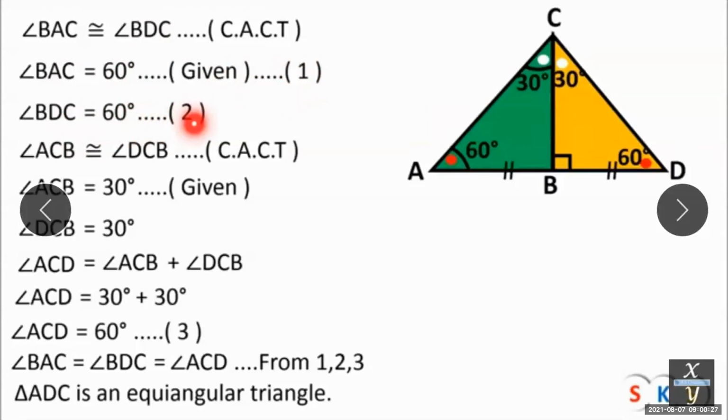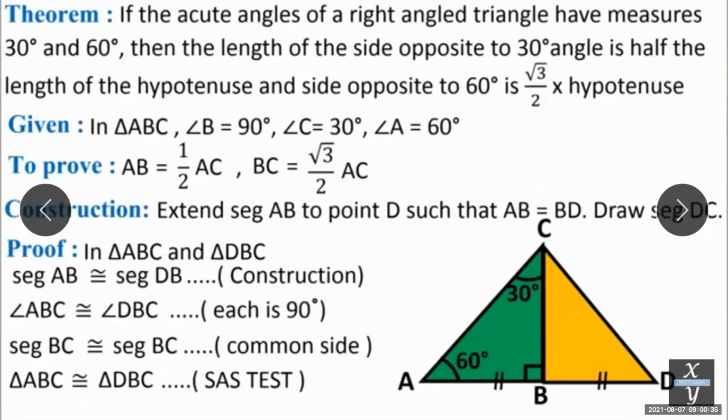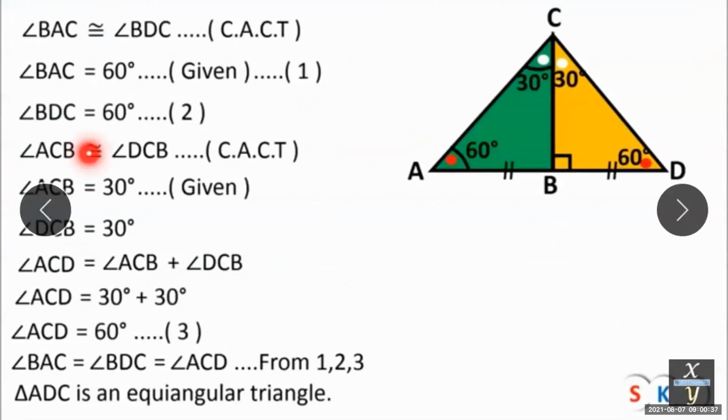Okay. Now write the second pair of congruent angles. Which is the pair? Angle ACB. Now where is angle ACB? This white dot you can see here, also the pointer. This angle ACB of the first triangle is congruent with angle DCB.